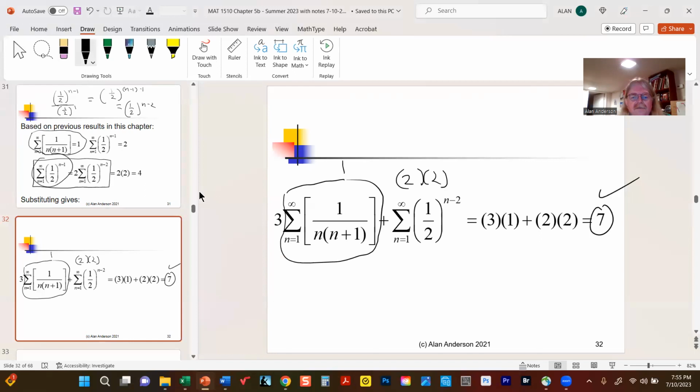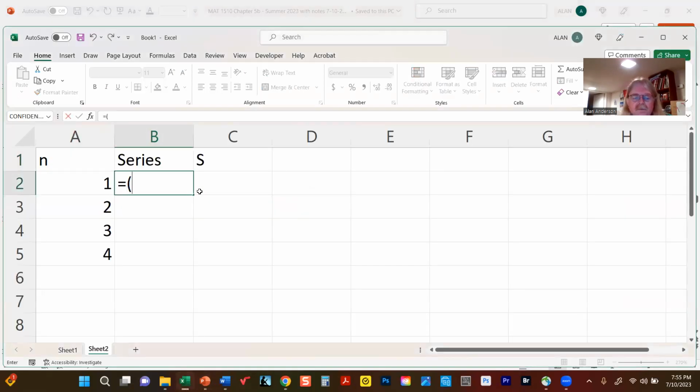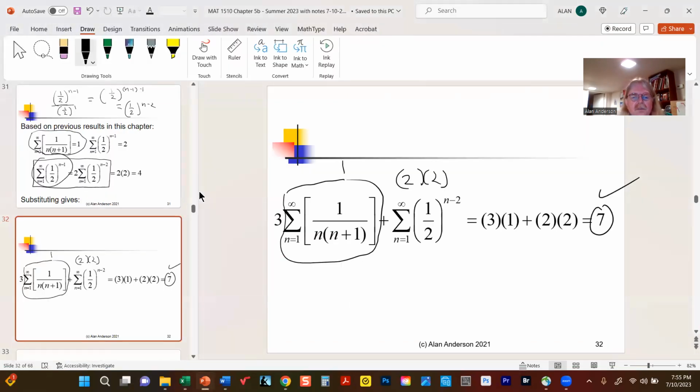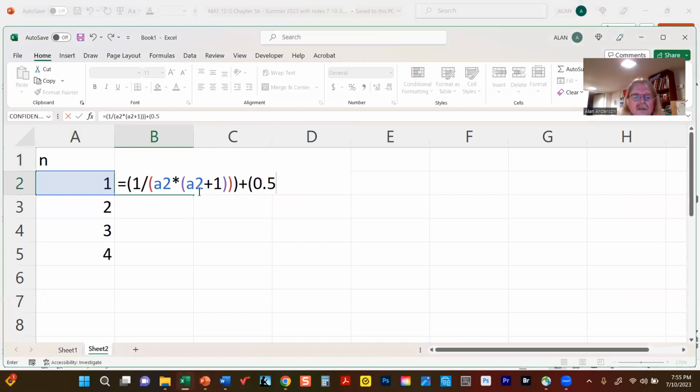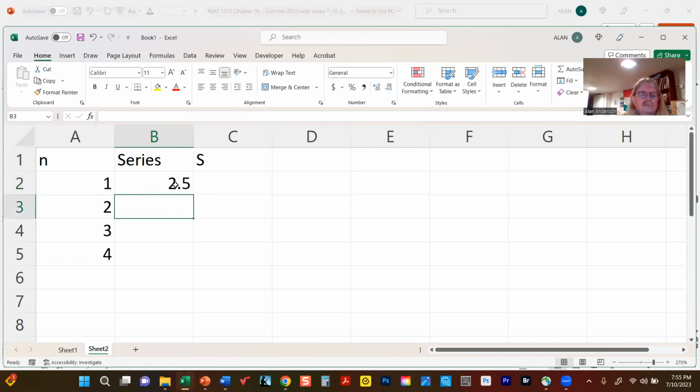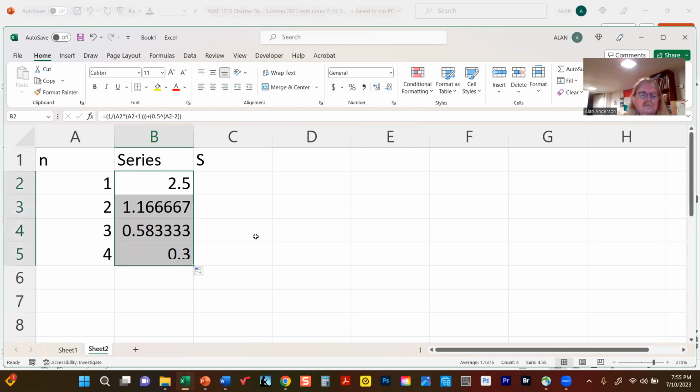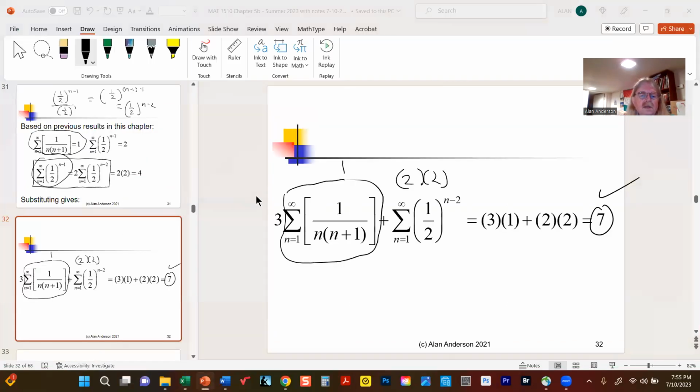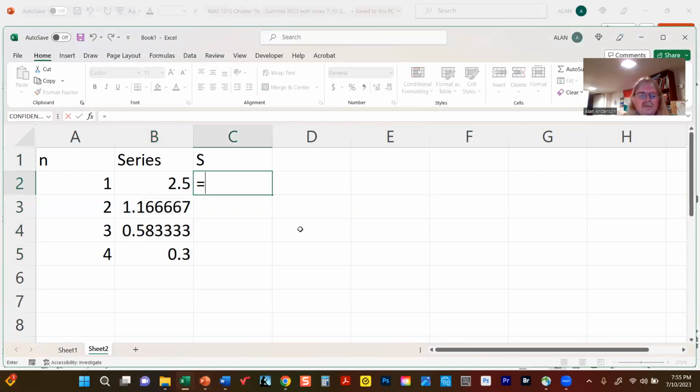So here we're going to have 1 over a2 times a2 plus 1 plus 1/2 raised to the n minus 2 power. And then I'll do the sums.